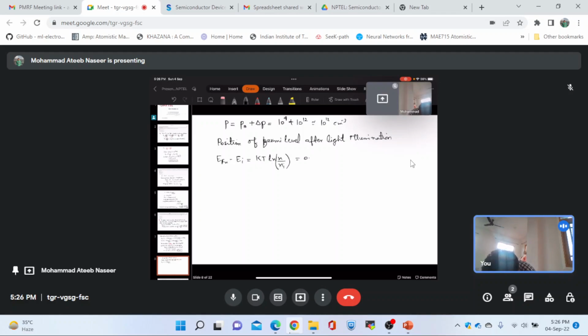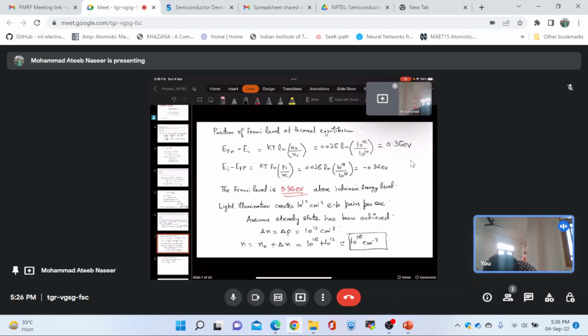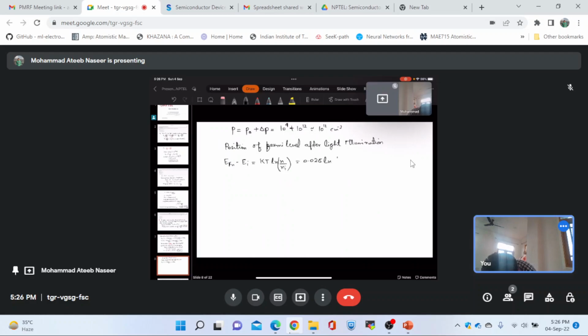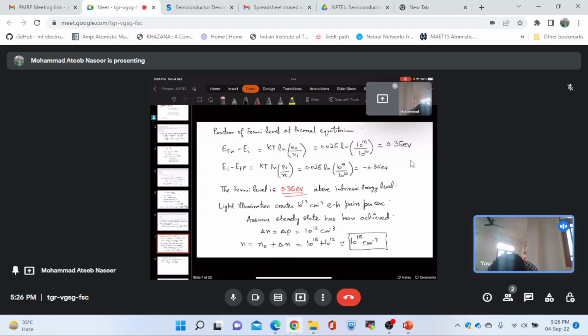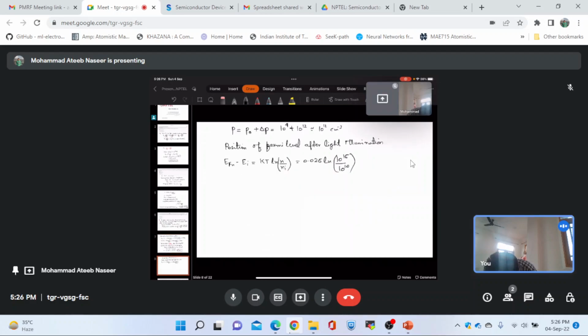It is 0.026 ln of n, which came out to be 10 to the power 16 divided by 10 to the power 10, which is the similar value that we obtained in the previous slide. It will be equal to 0.36 electron volts.